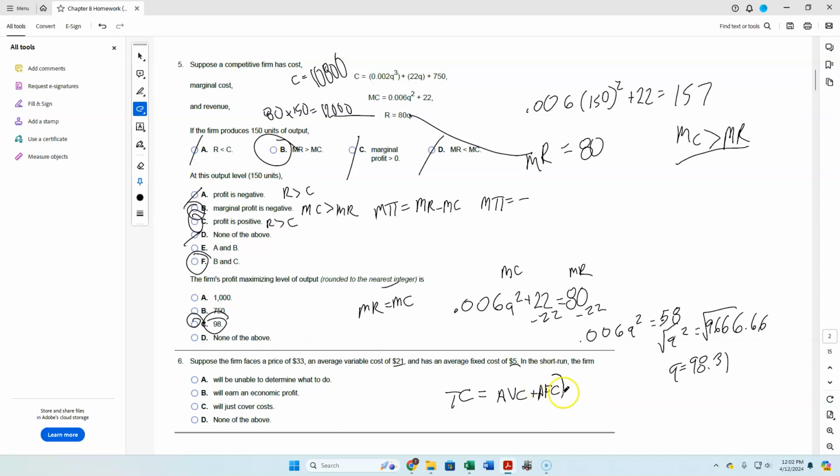Well, we could say that ATC is equal to AVC plus AFC, which would mean for us here that 21 plus 5 equals an average total cost of 26. We've got a price of 33. So this firm is making a profit.